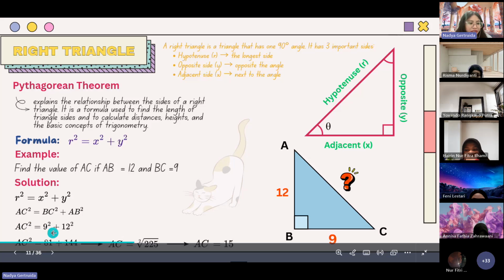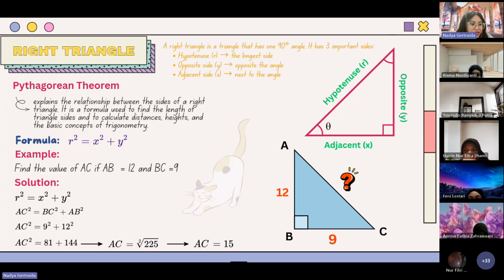AC squared is equal to 9 squared plus 12 squared. And then AC squared is equal to 81 plus 144. And then AC is equal to the square root of 225. And we find that AC is equal to 15.